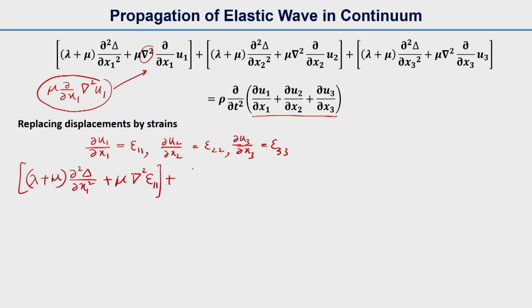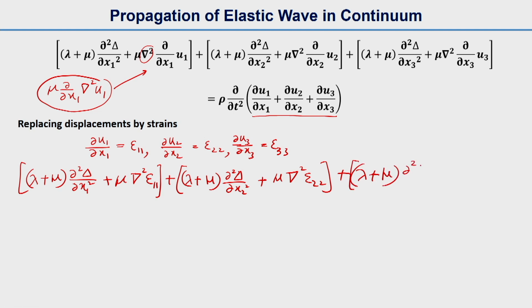This is one term here, and then lambda plus mu, double partial of delta with respect to x2, plus mu with the nebula operator epsilon 2, plus lambda plus mu, delta with respect to x3, plus mu, again it will be similar with epsilon 3.